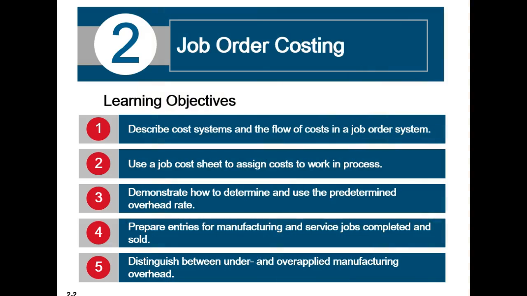This chapter talks about a type of processing called job order costing. We have job order costing and then we have process costing that we'll talk about in chapter 3. So we're going to talk about specifically why we would use this type of costing and how the costs flow in this scenario.